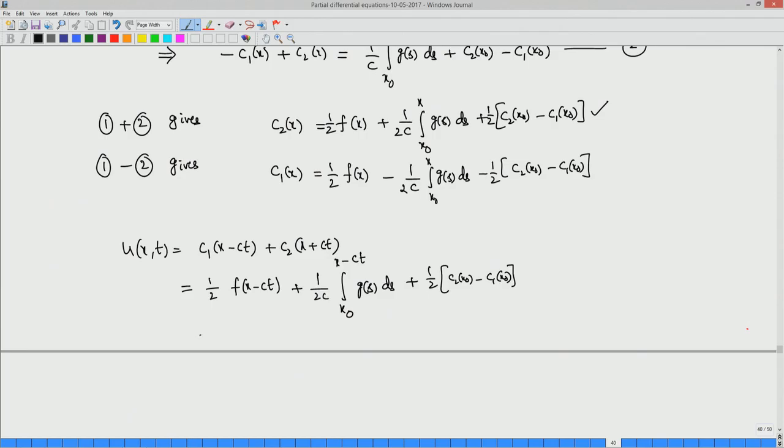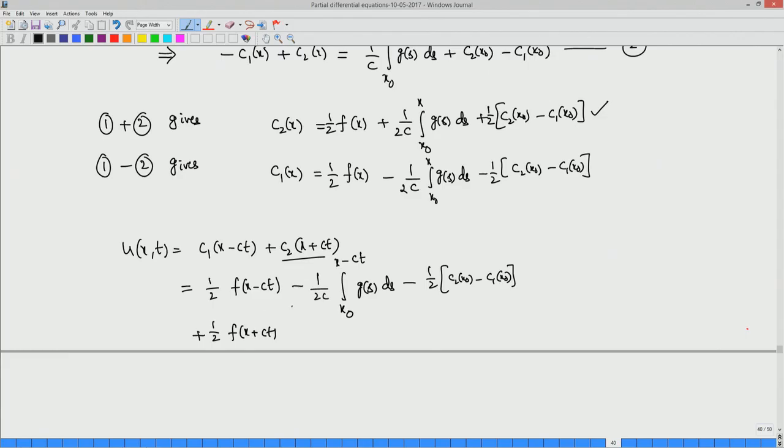Now what is the next one? Plus half f at x plus ct, which I am writing as C2, C2 at x plus ct. C1 is this, so C1 should have a minus. C1 I wrote, now I am writing plus C2.